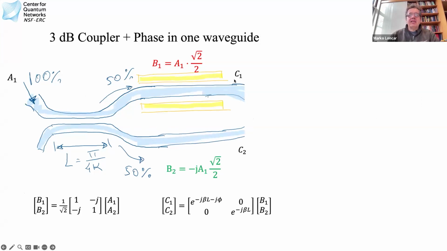When I express field in C1 and C2 as a function of B1 and B2, this is just like propagating in this waveguide and propagating in this waveguide. These two waveguides are further apart, so the light doesn't interact, so they're not coupled anymore. So all I need is extra phase, okay? Basically, the only difference between C and B is there's just extra phase due to propagation.